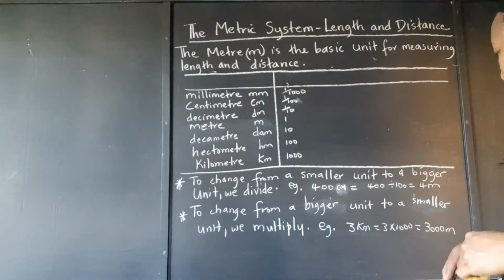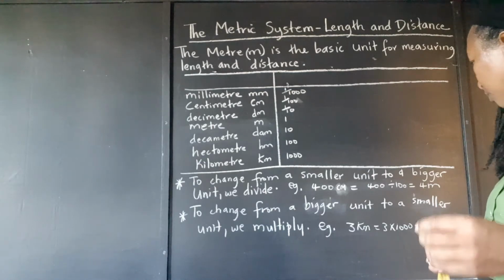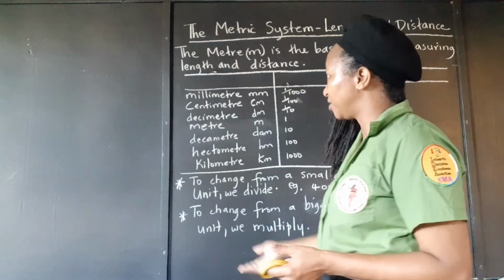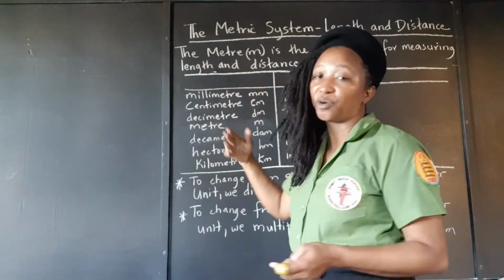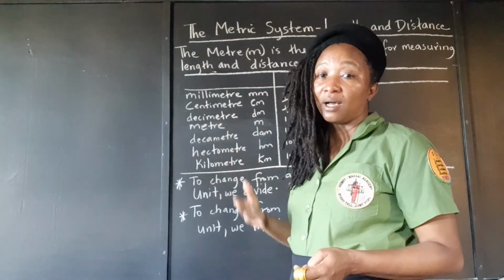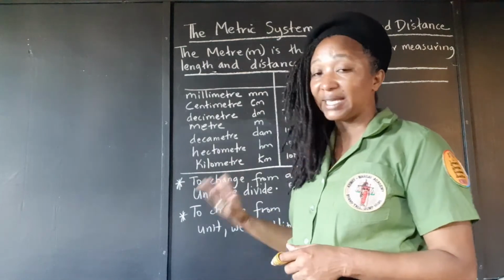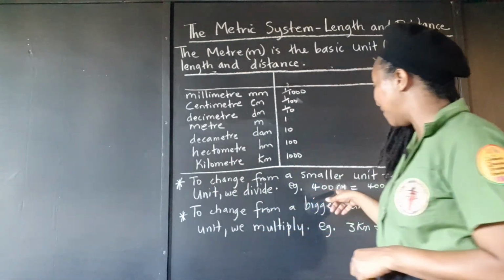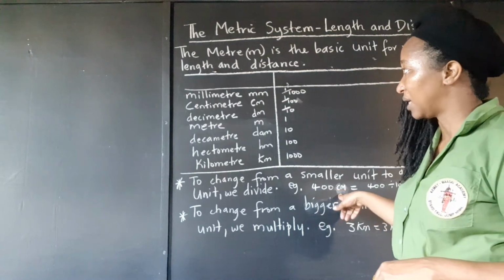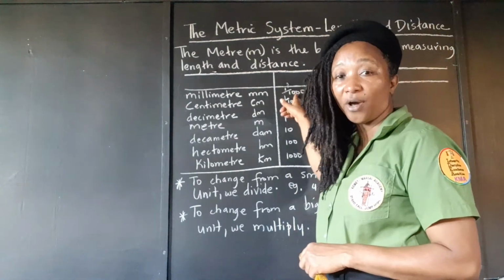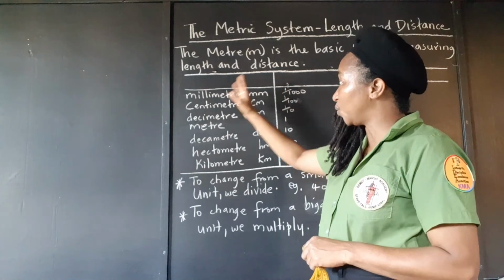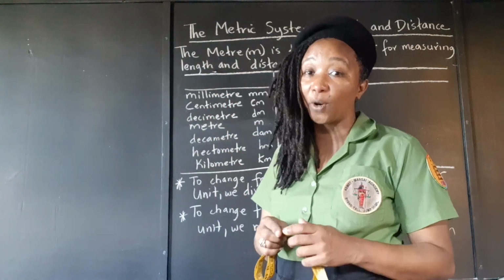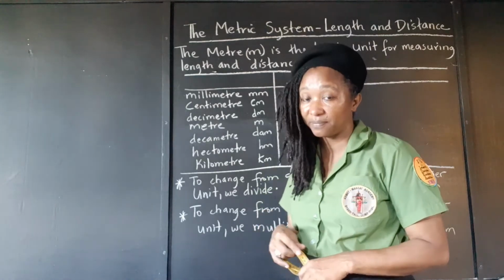Alright, so let's go again. Changing from the smaller unit to the bigger. If we're changing from millimeters to meters, you're going to end up with a fraction or a decimal, because you would be dividing this time. Dividing by 1,000, since a millimeter is a 1,000th of a meter.